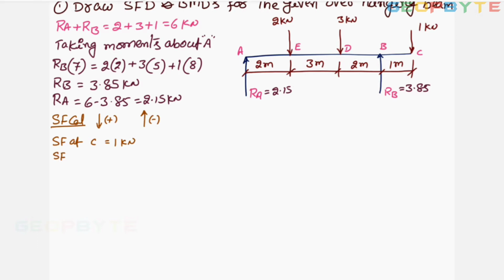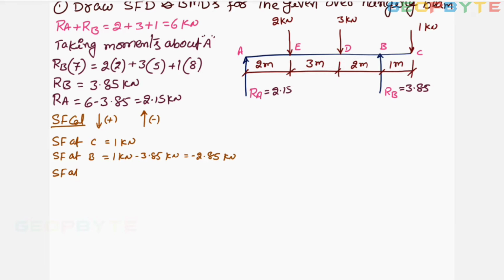Next, SF at B. Already 1 kilonewton is there. At B, the reaction is acting vertically upwards, minus 3.85 kilonewtons. It is equal to minus 2.85 kilonewtons.